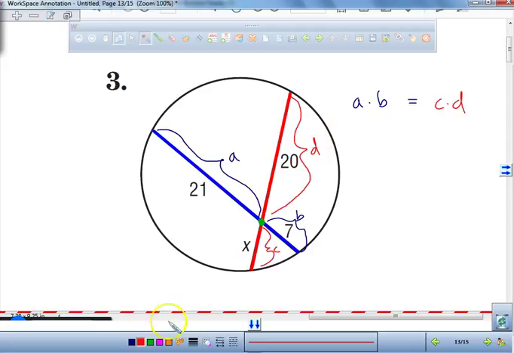So A times B is 21 times 7, and C times D is x times 20.